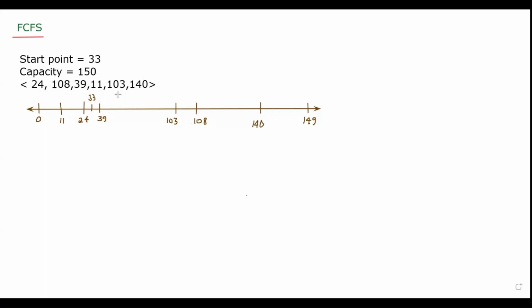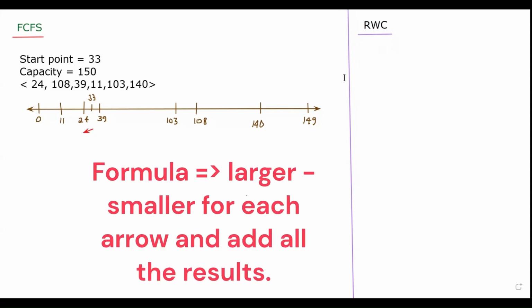Now we're going to be starting from 33 and going to 24 like this. And then we need a rough work column. Let me make it real quick. So here we have a rough work column. So I'm going to be calculating.